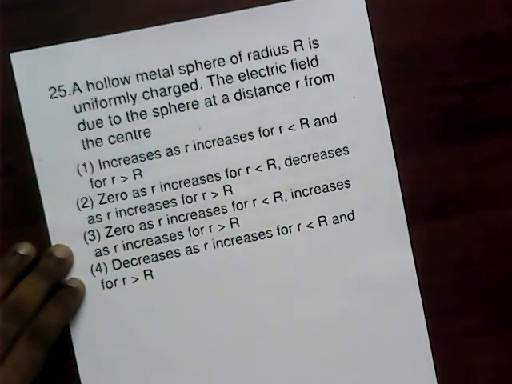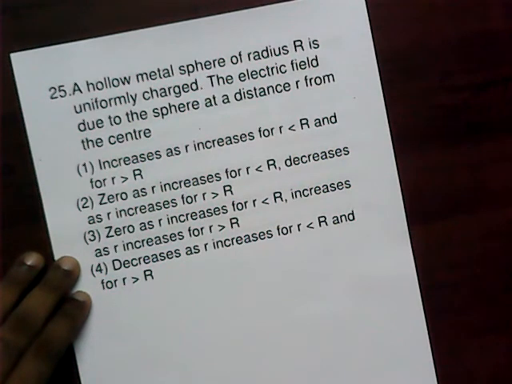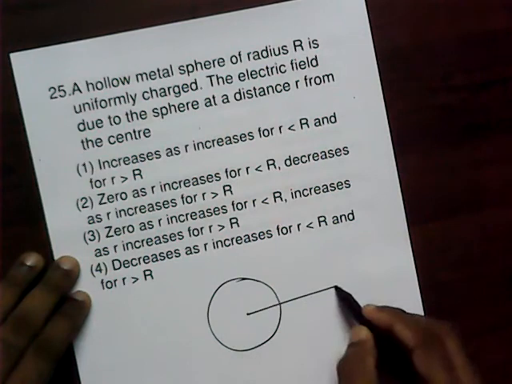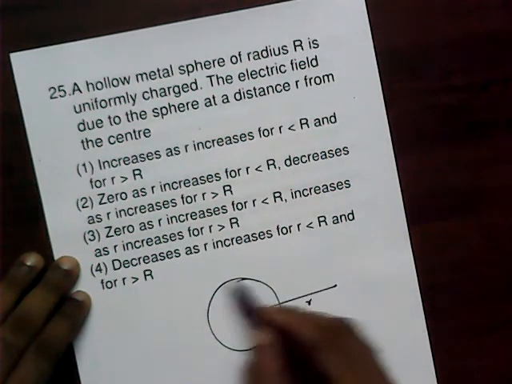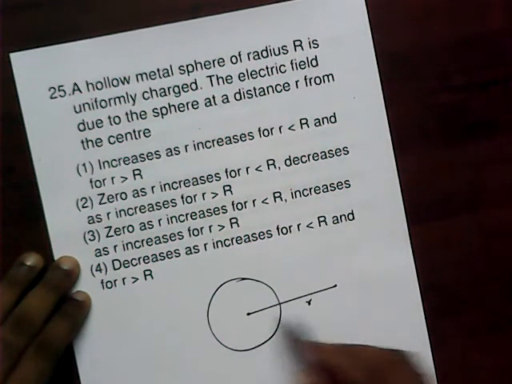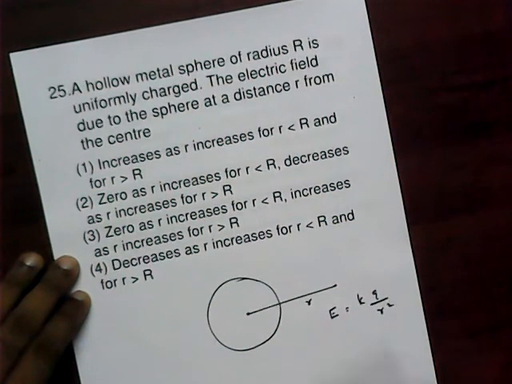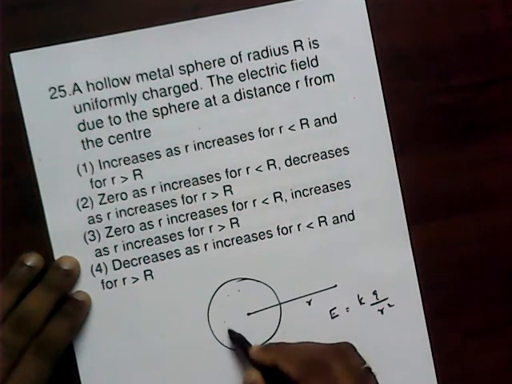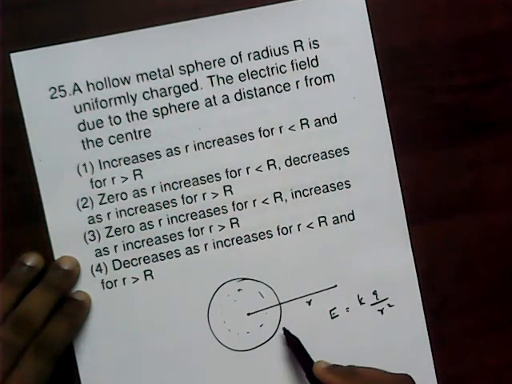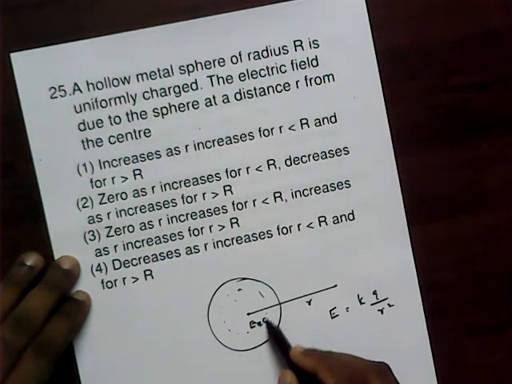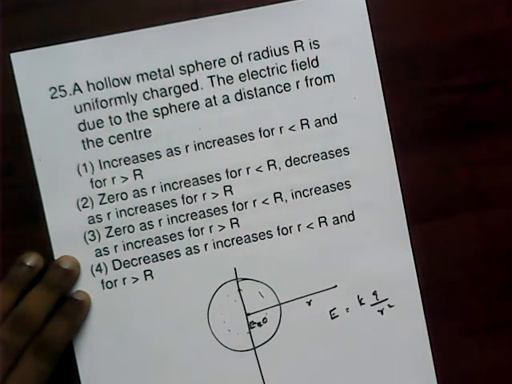Number 25. A hollow metal sphere of radius capital R is uniformly charged. The electric field due to the sphere at a distance r from the center. And keep in mind, if you just consider an outside point, all the charges are concentrated at the center, and hence E is equal to K into Q divided by r square. But if you just draw a Gaussian surface well inside, there is no charge enclosed, and hence the electric field should equal 0. Therefore, its variation is like this.